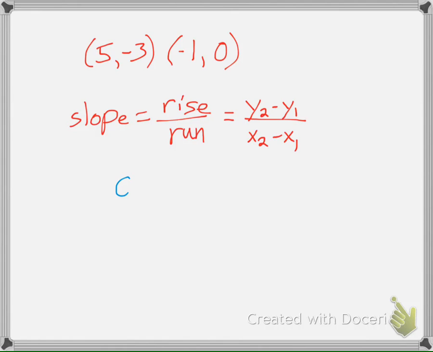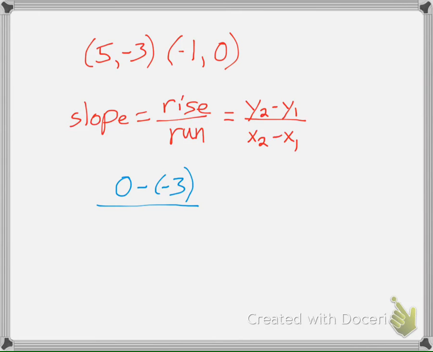If I do 0 minus -3, then what's my x2 minus x1? It's 5. Wait. 5 minus -1. Nope. If I do 0 minus -3, then that means this is y2 and this is y1, which means this has to be x2 and that has to be x1.